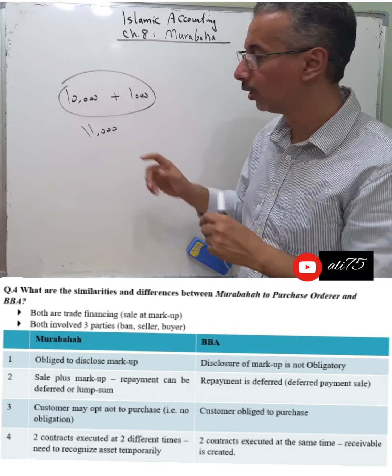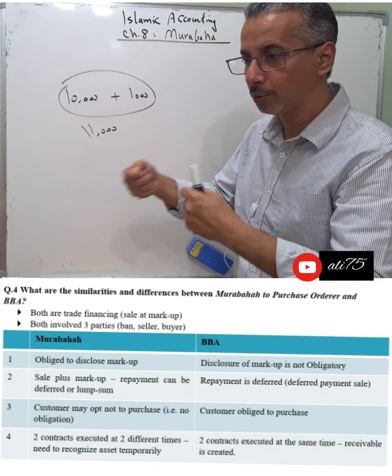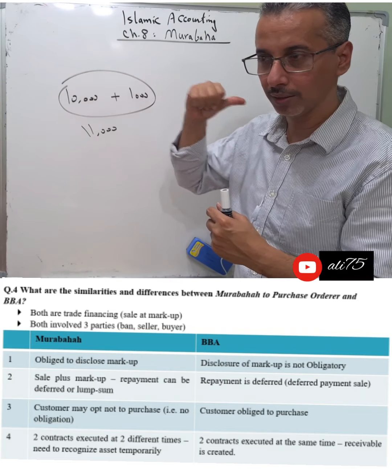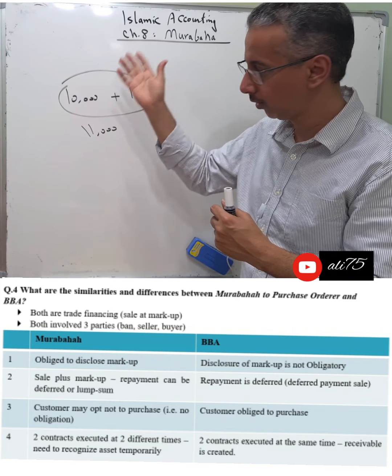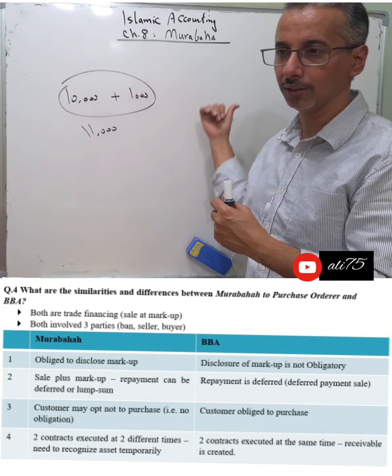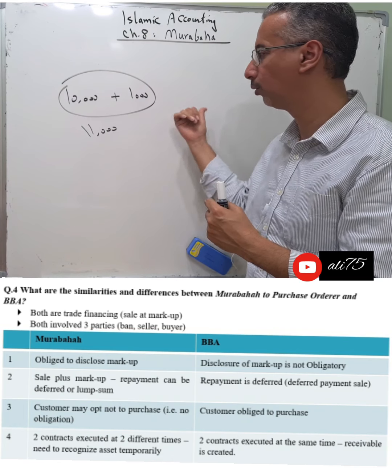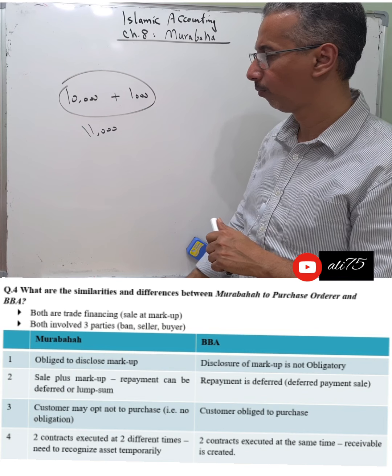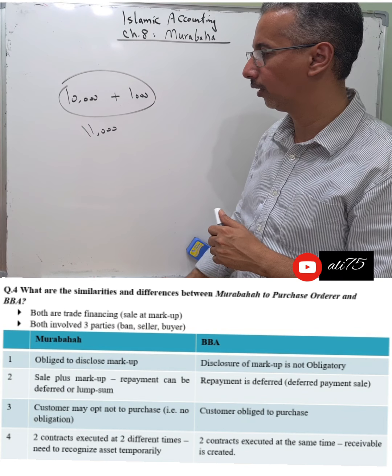Both of them have to sign two contracts. The bank will purchase the product from the seller and sell it again in another contract to the purchaser, or the purchase order. You can see it here in the example.